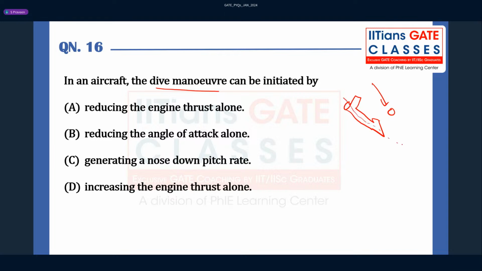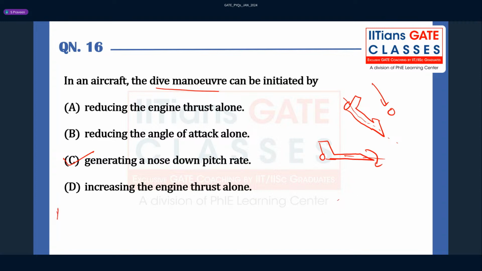And how do you do that? Let's say an aircraft is flying in straight and level flight. You do that by generating a nose down pitching moment, correct? And how do you do that? It is by generating a nose down pitch rate, which is the option here. If we generate a nose up pitching moment, the aircraft will climb.